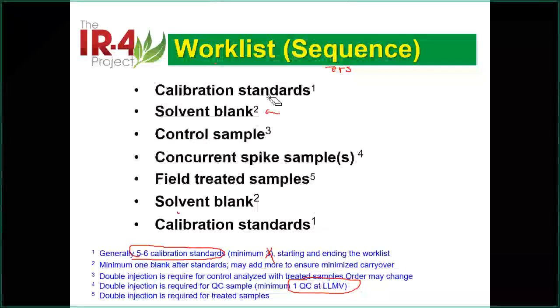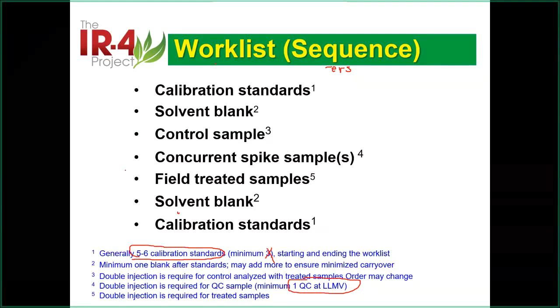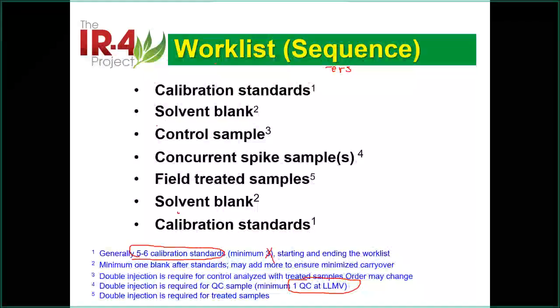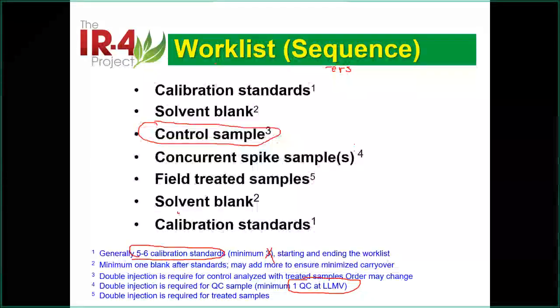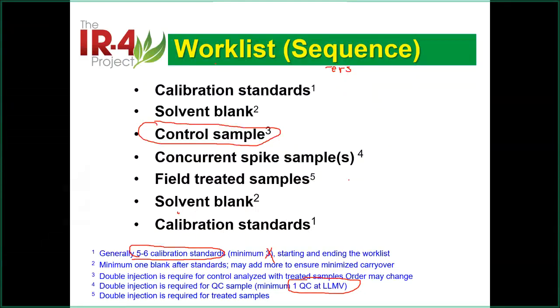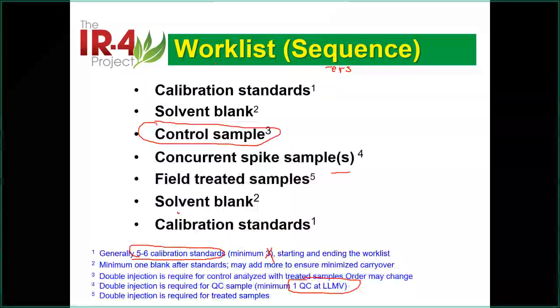The control in this sequence or work list is one where you do not have any treatment and do not spike any standards. The field sample is called a TS, treated sample.